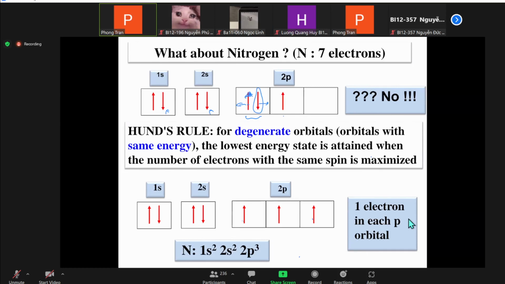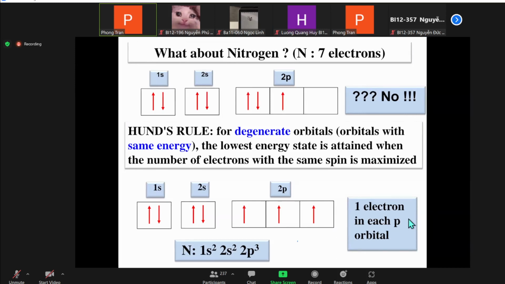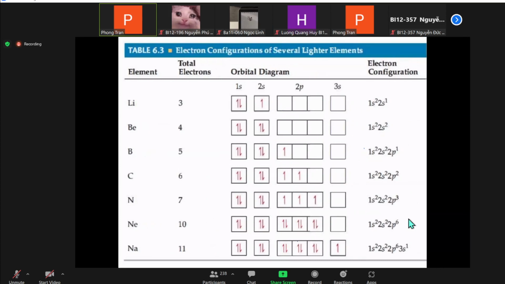So by the law of energy optimization, the ideal electron configuration will be this one, where each electron occupies its own orbital. Here is a summary of how the electron configuration changes when you go from lithium to beryllium, boron, carbon, nitrogen.